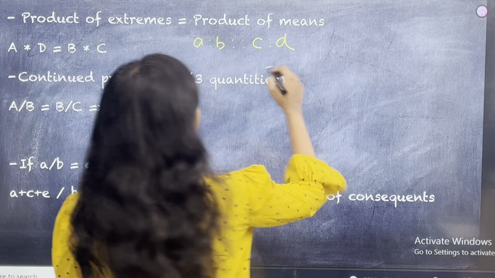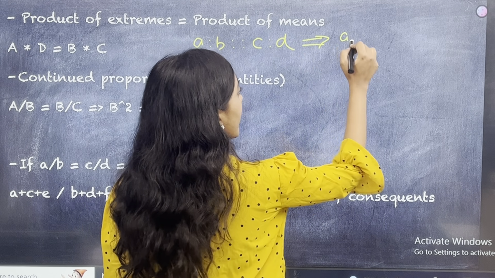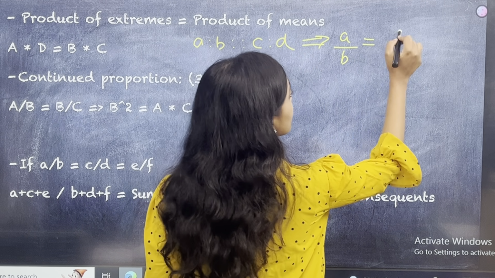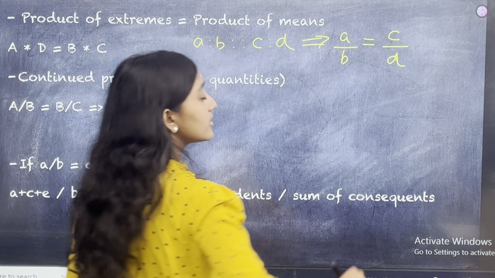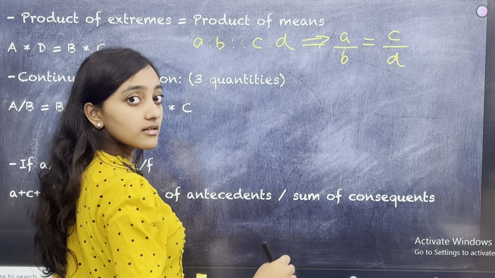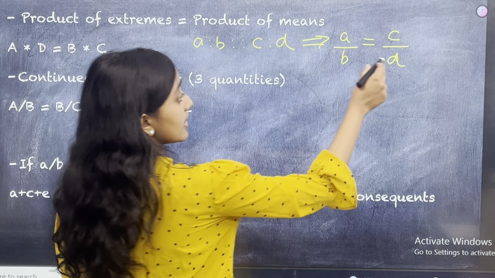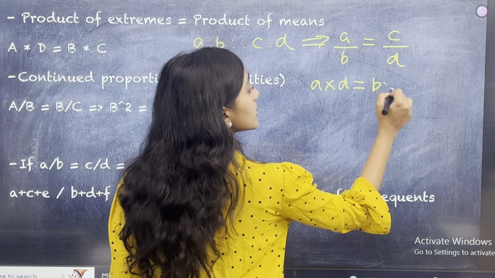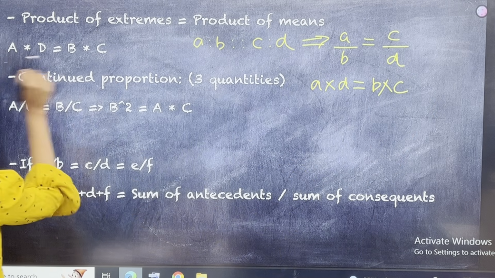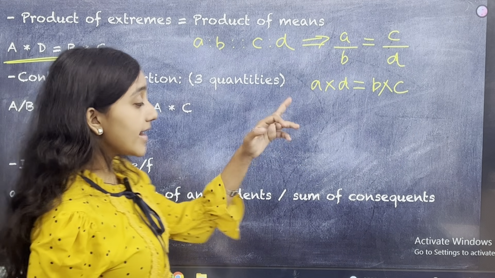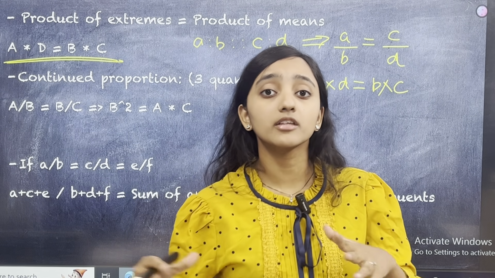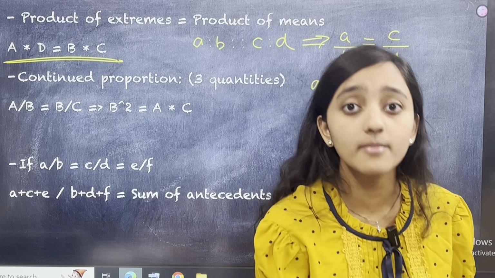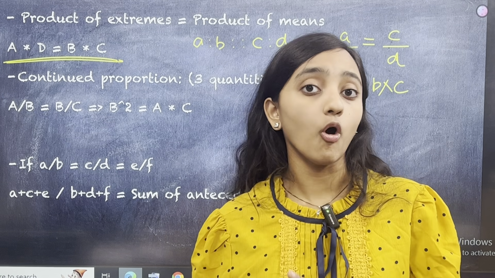I also told you that this can be written as A by B is equal to C by D. Can we cross multiply this so that we remove the denominators? A into D is equal to B into C. Isn't that what's written here? A and D are the extremes, B and C are the means. So the product of extremes is equal to the product of means.